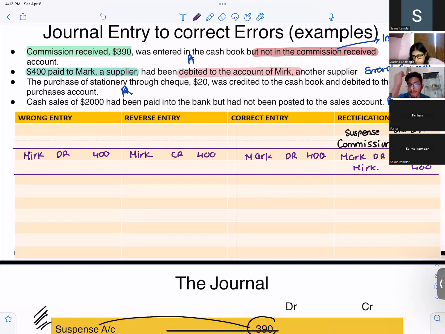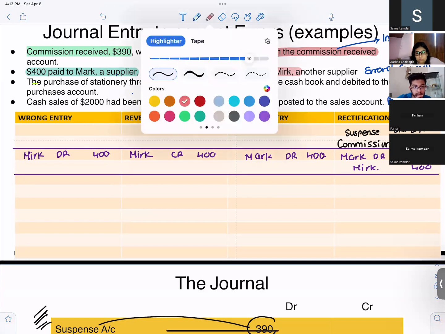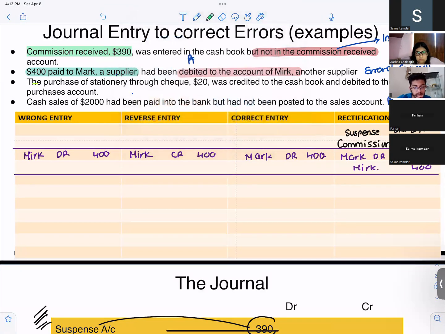Rohel, your turn. The purchase of stationery through cheque $20 was credited to the cash book. What is the correct entry? There's no correct entry because the purchase of stationery has been credited. The first part is always the correct part.